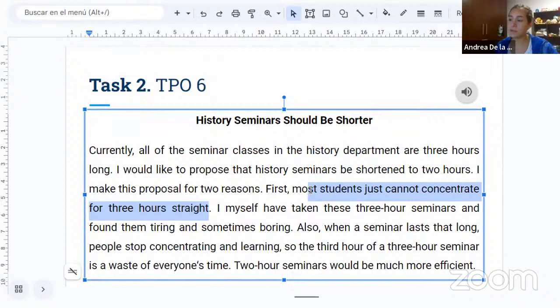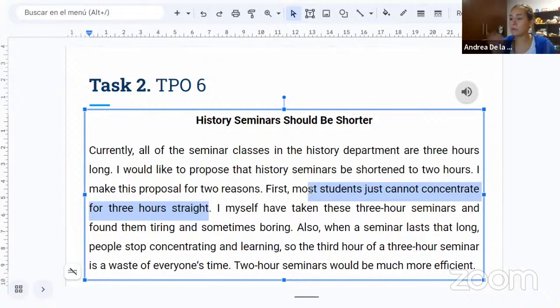First of all, she believes that students actually can concentrate, right? So I'm saying the opposite. And then you explain. You say, the only student that cannot concentrate is the one that wrote the letter because he parties every night. But other students are not like that. And most students concentrate just fine during the 3 hours because that was her idea, right?